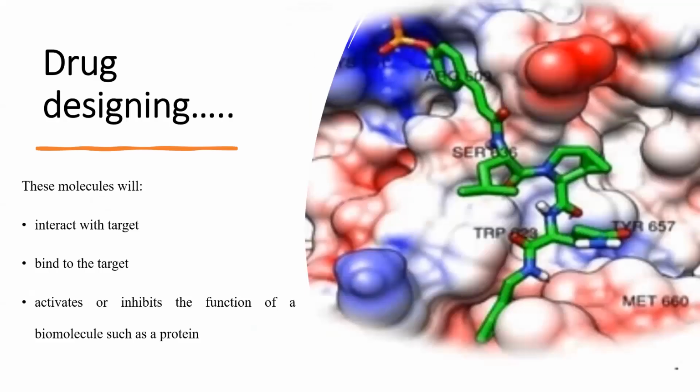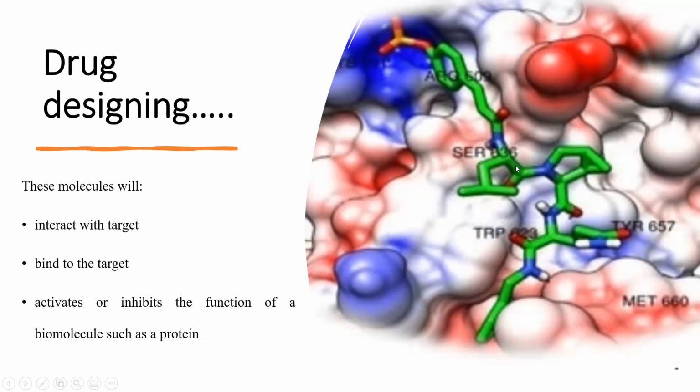So in drug design, this molecule that you're talking about, the drug, will interact. If you look at this diagram, this structure you have here is a drug on the market. It could be paracetamol, it could be atenolol, it could be metformin, it could be any antiretroviral drug. This is the biological target. Let's say this is the spike protein.